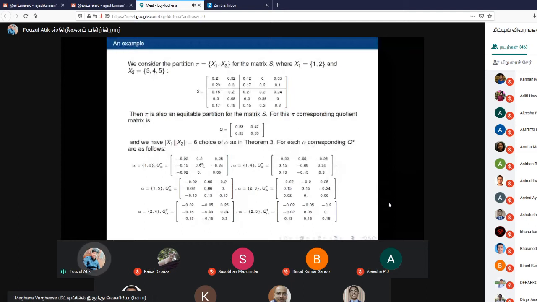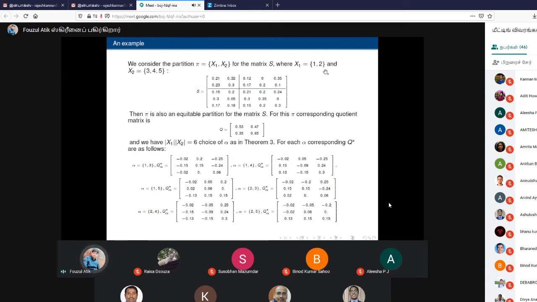Suppose alpha is equal to {1, 3}. How did we get this alpha? One element from X1, that is 1, and another element from X2, that is 3. So alpha equals {1, 3}. For that we got a Q star, maybe written as Q alpha star, so one matrix.